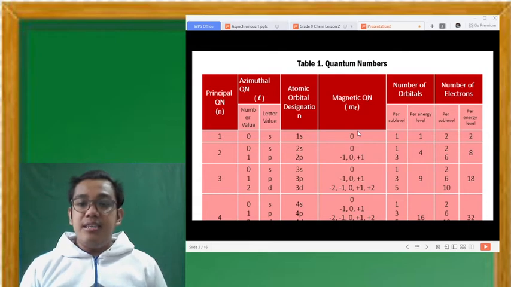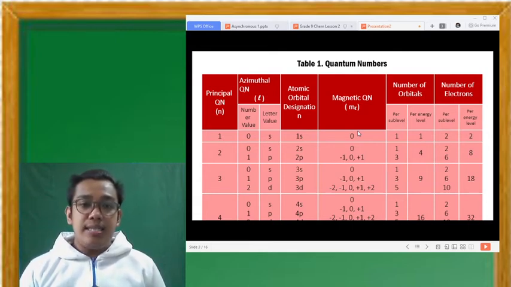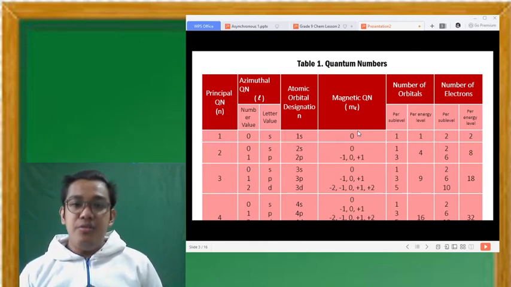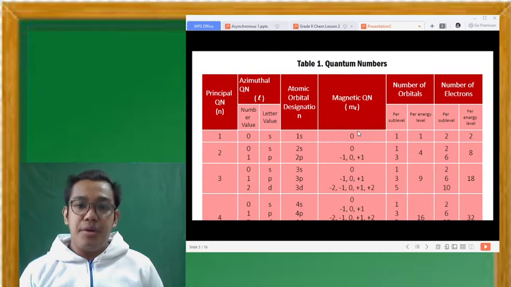All right, the second table is the quantum numbers, with a description, value number, and also the letter value.